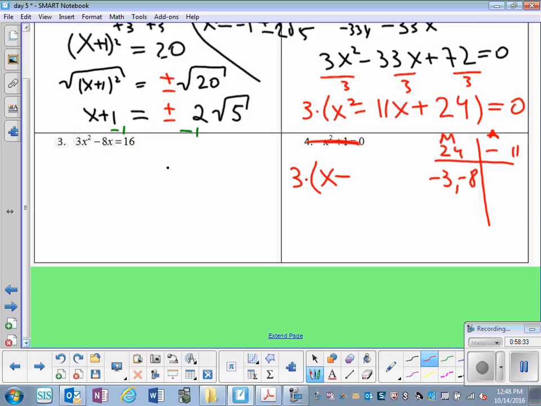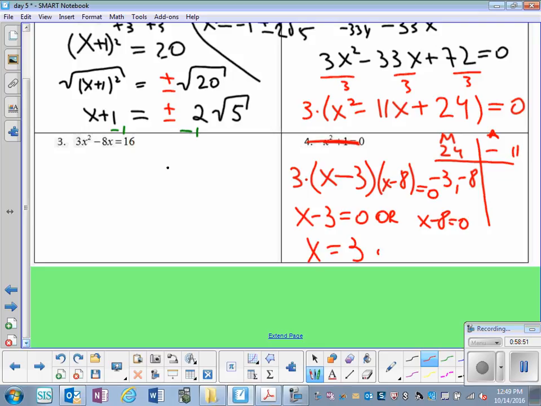X minus 3, x minus 8 equals 0. How do I solve this? So x minus 3 is 0 or x minus 8 is 0. So x equals 3 or x equals 8. Very good.